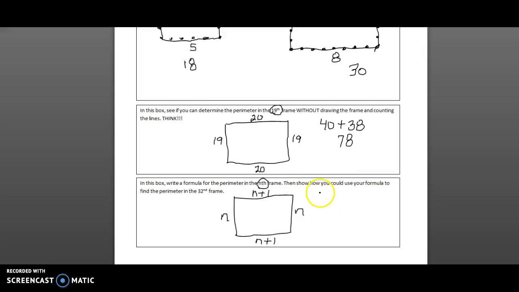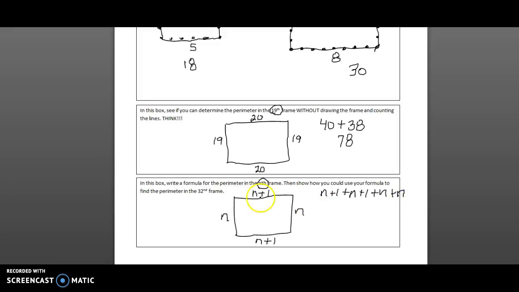So now I'm going to add up these 4 sides, because that's how I get perimeter. I add up the sides. So I'm going to have n plus 1 plus n plus 1 plus an n plus an n.